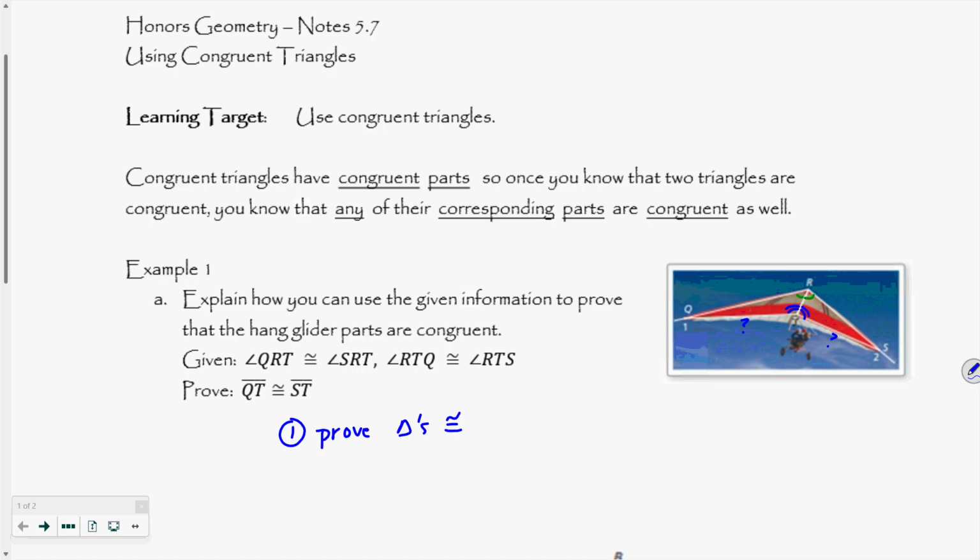To do that, I want to use that common side. So how do I prove that? I'm going to show that RT is congruent to RT. That's that shared side in the hang glider, that center. And I know that those are congruent by the reflexive property.